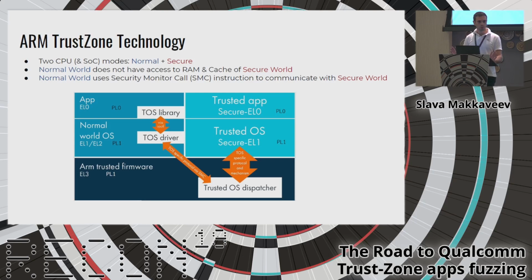The application CPU has two modes, normal and secure. An operating system like Android, including the Linux kernel, runs in the normal world, and a trusted operating system, for example one implemented by Qualcomm, runs in the secure world. The normal world doesn't have access to the memory of the secure world and communicates with it using a special secure monitor call, SMC, CPU instruction.